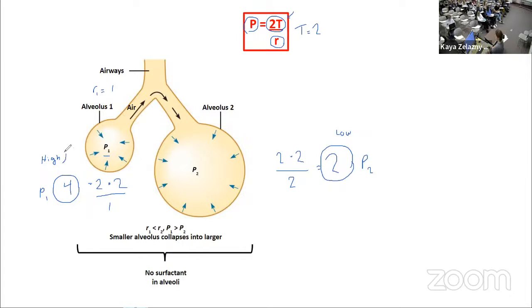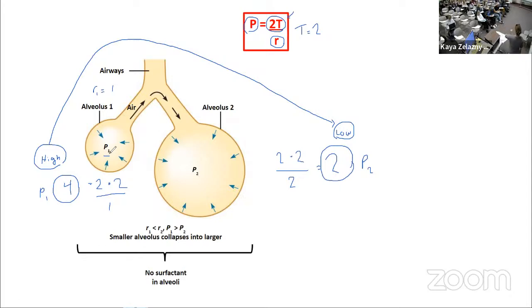So our air is always going to want to travel from high to low. In this situation, if we change nothing about that tension, all the air from that little alveolus would move towards that lower pressure in the larger alveolus. Essentially, that means we've collapsed that little alveolus.